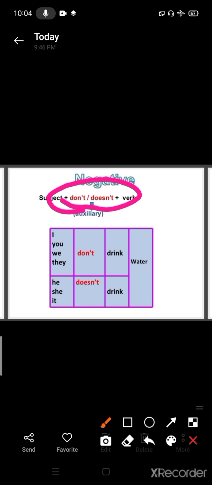So, you can use don't with these pronouns: I, you, we, they. Like I don't drink water, you don't drink water, we don't drink water and they don't drink water.